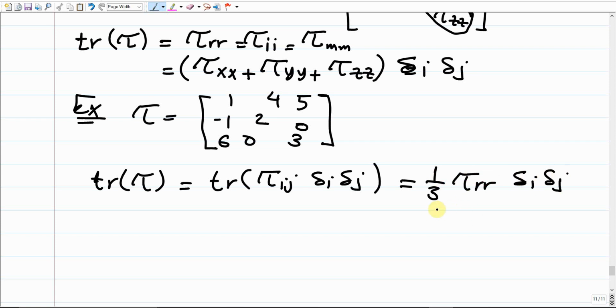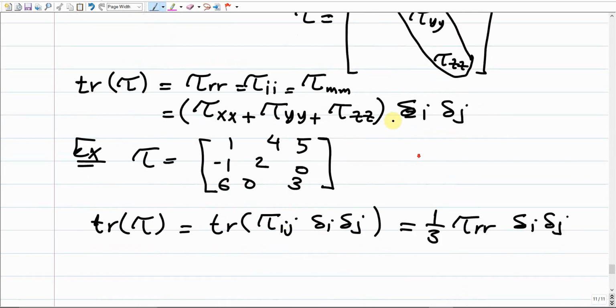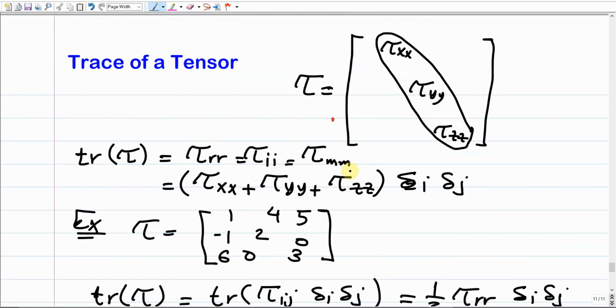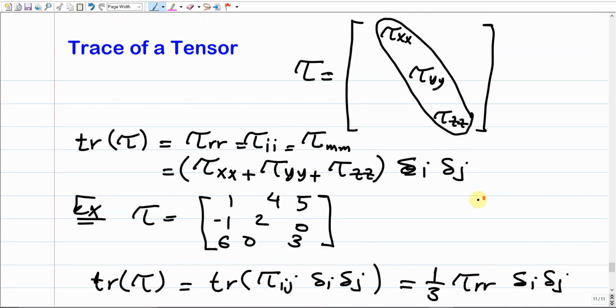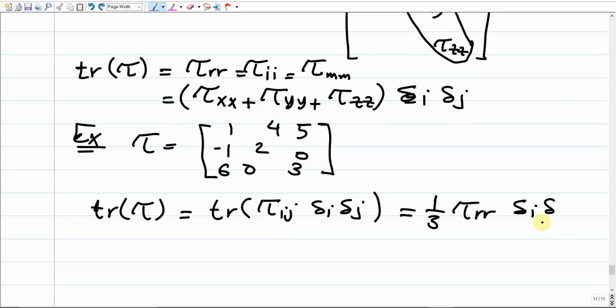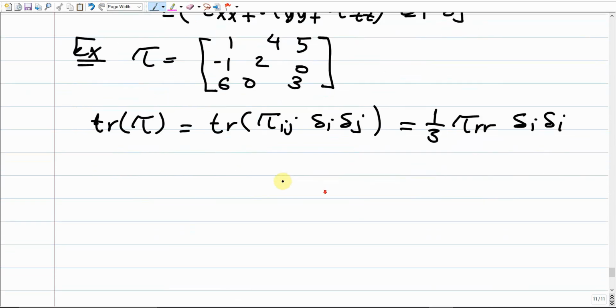Why are we dividing by 3 here? Because we are going to collect these three terms together, so we just take the average of these diagonal components and distribute it over the diagonal. So it's going to be delta i delta i, the same index, because we are distributing over the diagonal.